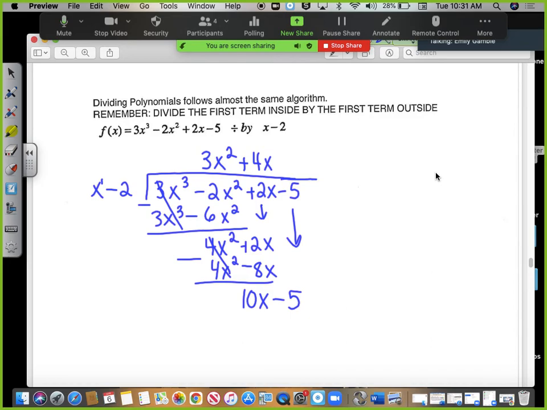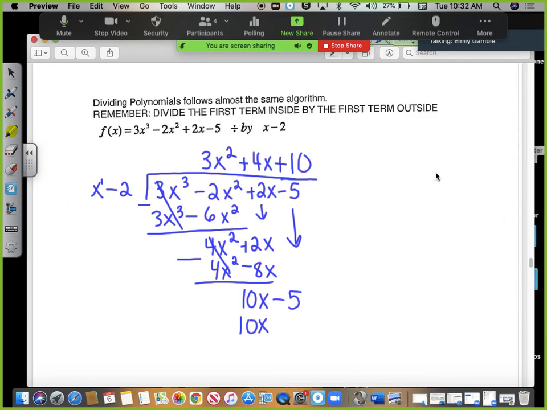Now we look at how many times x goes into 10x. So it's like x times what will give you 10x? What number do we need? 10. So we need a plus 10 here. And we multiply x times 10 and negative 2 times 10. So x times 10 is 10x.